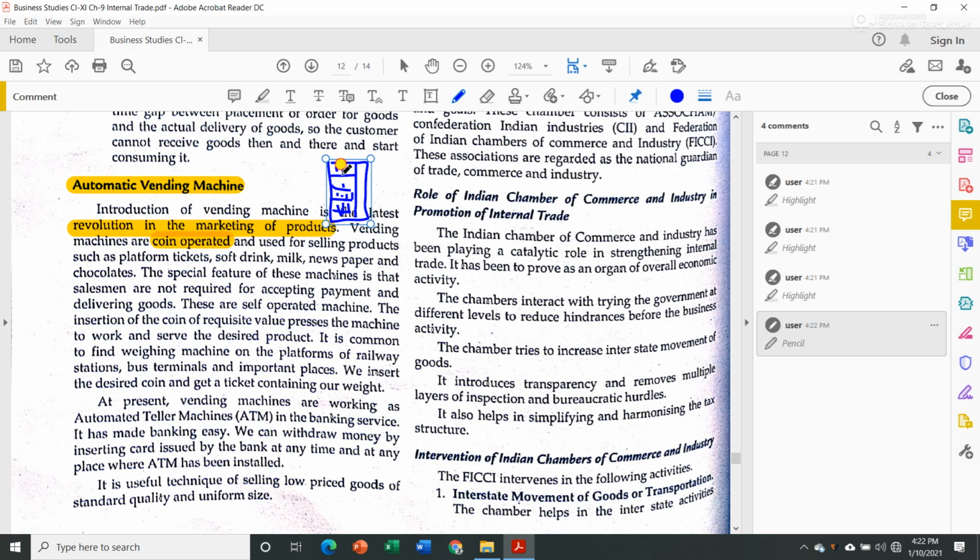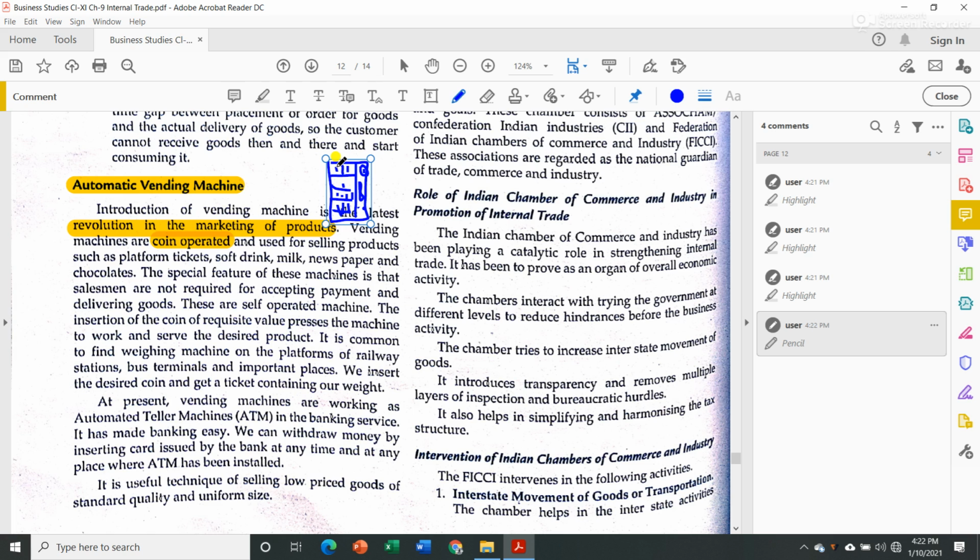You will have lots of cold drinks or other snacks in here, and in this side you will find a small hole or something like a big parallel line, in which you have to put coin, and then you have to press button according to the items that you want.